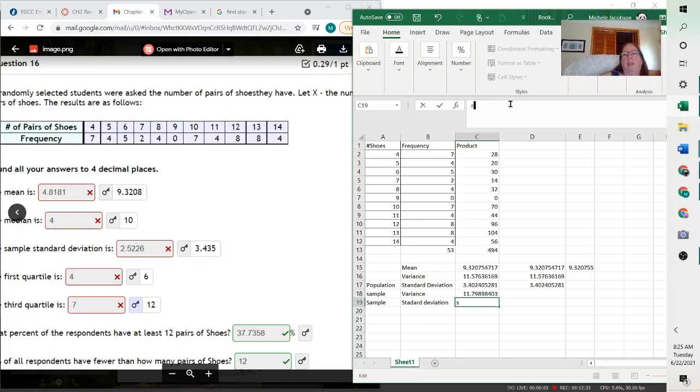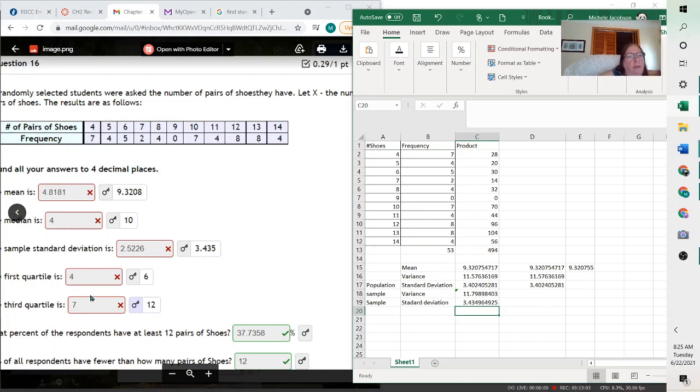Oops, don't forget your equal sign. There we go. So if they want the sample standard deviation, you use n minus 1, which is just the sum of your frequencies minus 1. Population, you don't subtract 1.